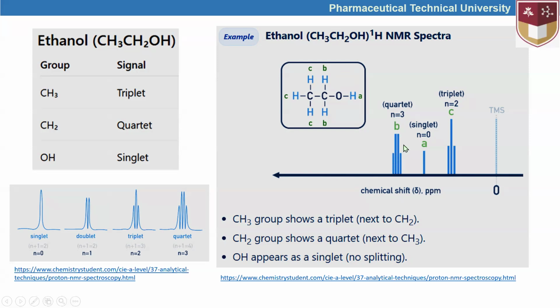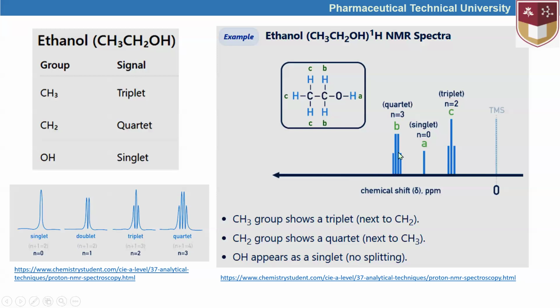Why are there 4 here in the quartet? Because N equals 3 here, which means that for B category there are 3 neighboring hydrogens. And how many neighboring hydrogens are there for C category? In C category there are 2 neighboring hydrogens, and for B category there are 3 hydrogen atoms. So N plus 1 equals 4.